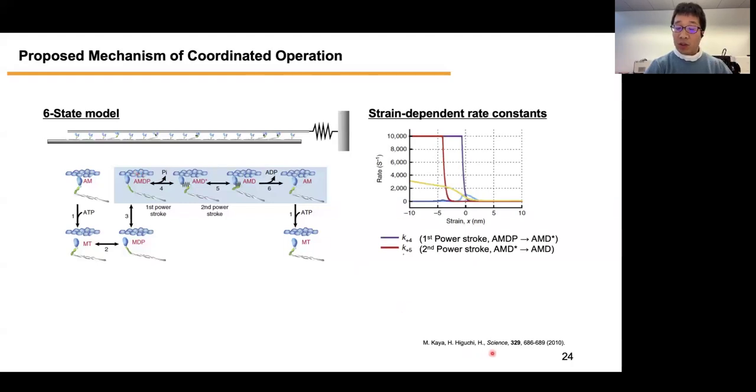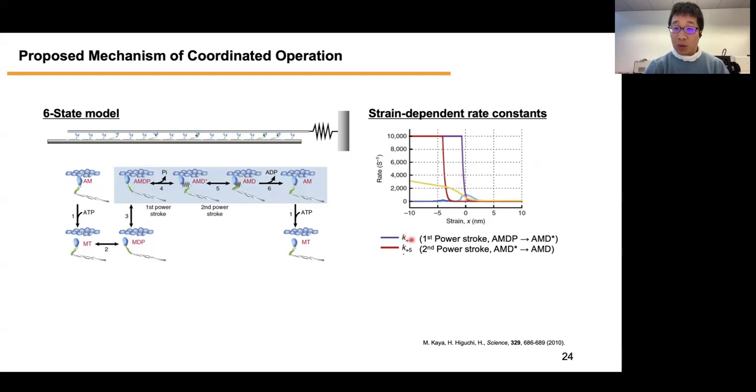And from the previously obtained data, they calculated the rate constants for these power stroke processes. And an important thing here is that these rate constants depend on the strain. Strain here is related to how much the actin filament is moving.